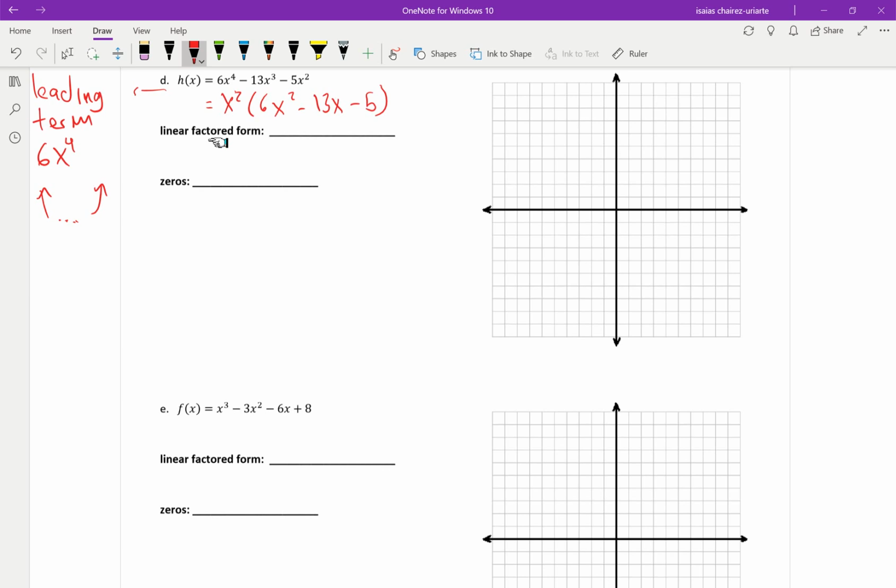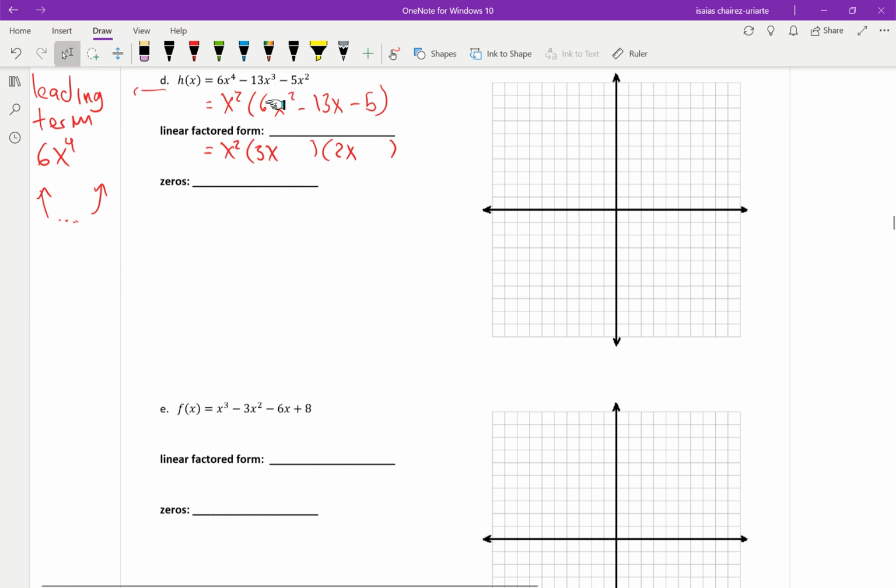And I think we can go a little bit further with this. We can say that this is x squared times, and now I'm going to try to do factors. So this is a quadratic polynomial in this parenthesis that I want to factor into linear factors. I'm thinking 3x and 2x probably, so that 3x times 2x gives me 6x squared.